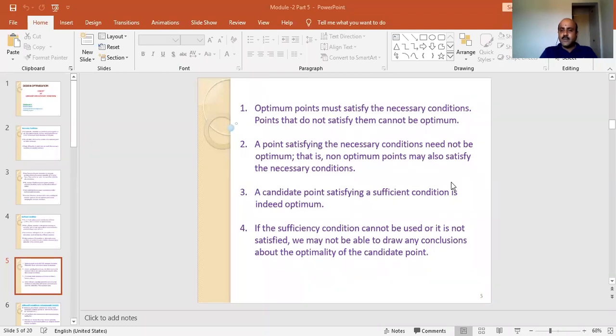So these are the 4 important points you're supposed to remember. Now let us start getting into the conditions. What are those conditions? These conditions will differ for single variable functions or 2 variable functions, and we will also discuss how we can use them for getting optimality conditions for different problems.